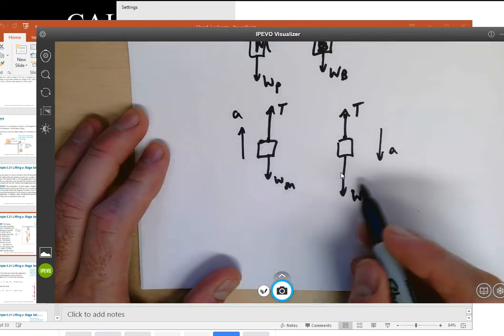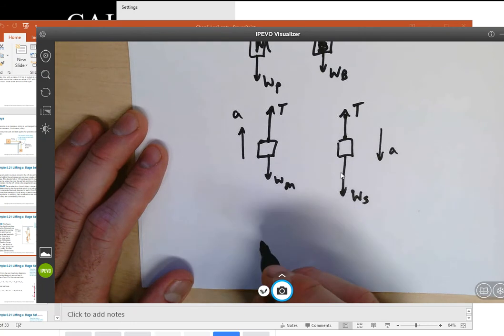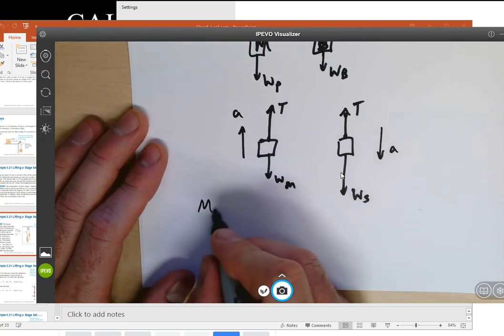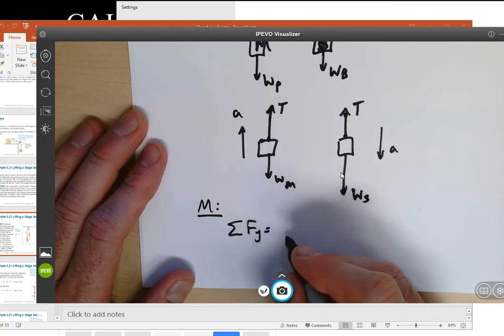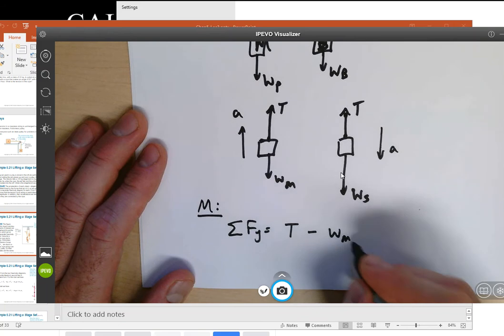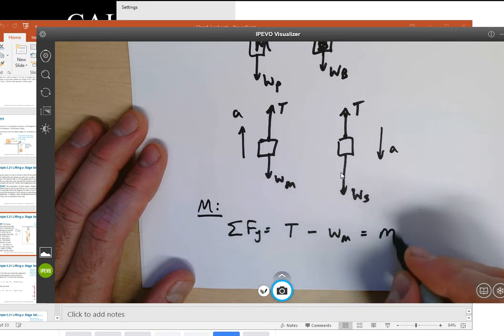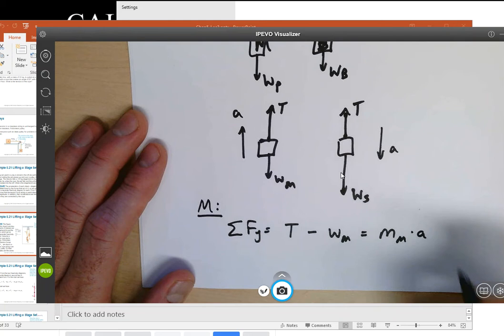This is for the man, this is for the set. If we take the man situation here, the sum of forces in the y direction is equal to tension in the positive direction minus the weight of the man, equal to the mass of the man times its acceleration.